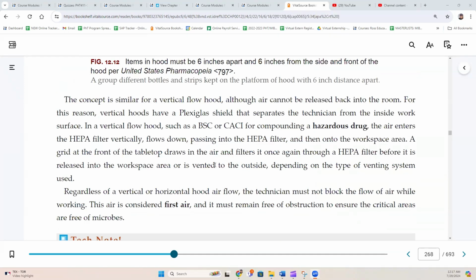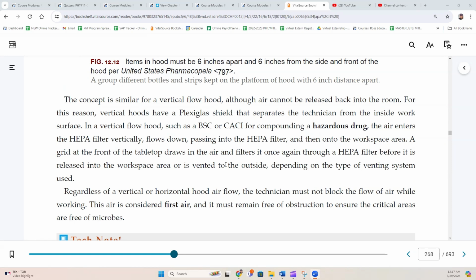The concept is similar for a vertical flow hood, although air cannot be released back into the room. For this reason, vertical hoods have a plexiglass shield that separates the technician from the inside work surface. In a vertical flow hood, such as a BSC or a CACI for compounding a hazardous drug, air enters the HEPA filter vertically, flows down, passing into the HEPA filter, and then on to the workspace area.